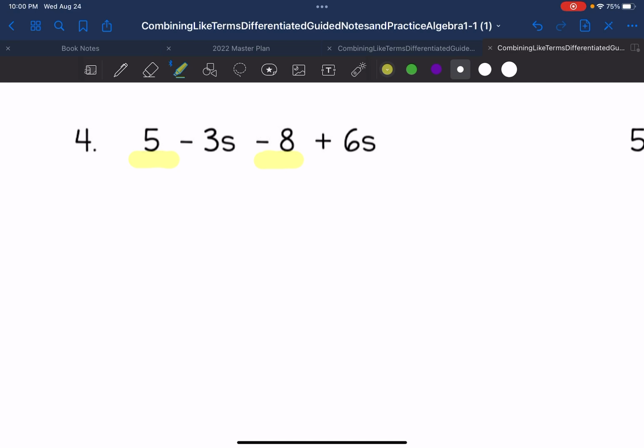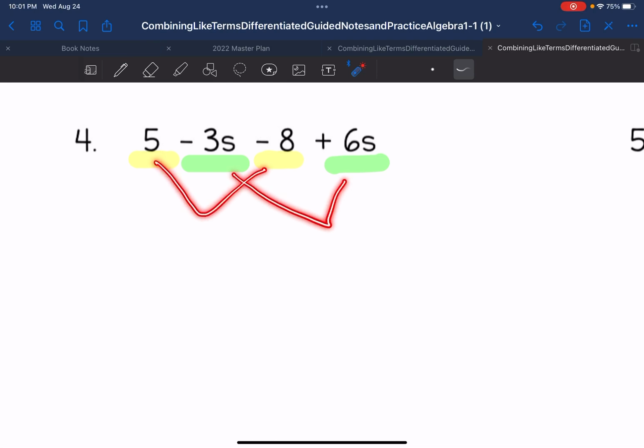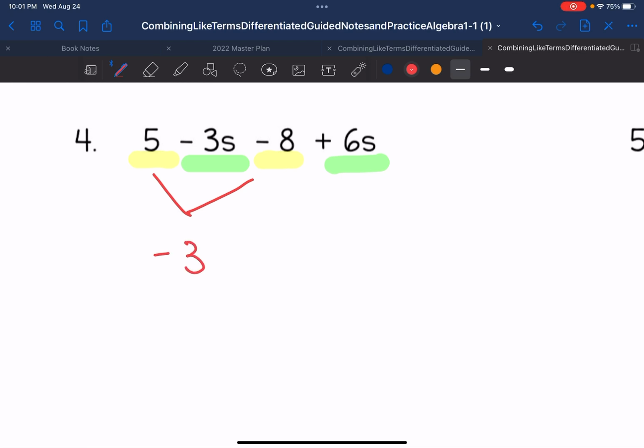Now, I'm going to go back and look at my other ones. Here's a negative 3s, and I also see a 6s. So we can combine these two, and we can combine these two and create a new simplified equation, okay? So when I put my order in, I have my 5 minus 8, which is going to be negative 3.